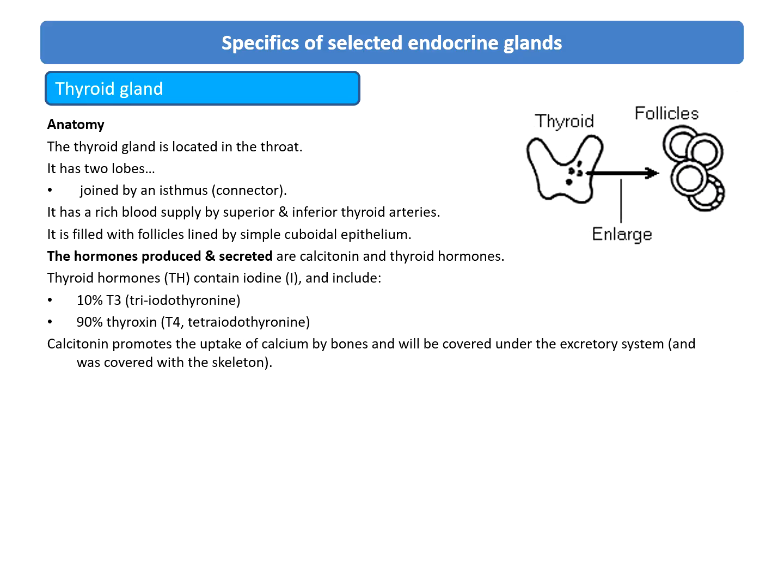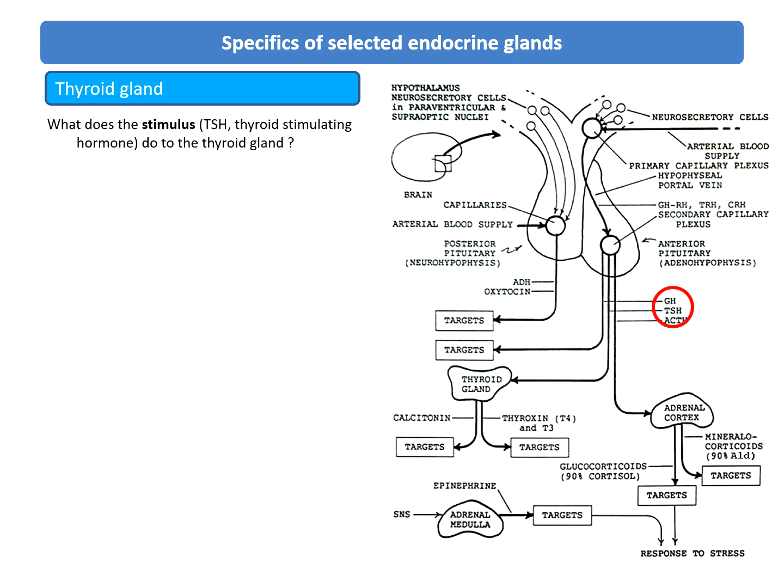Calcitonin promotes the uptake of calcium by bones and will be covered under the excretory system and was covered to an extent when we discussed the skeleton. What does the stimulus TSH, that is thyroid stimulating hormone, do to the thyroid gland? It increases thyroglobulin synthesis.